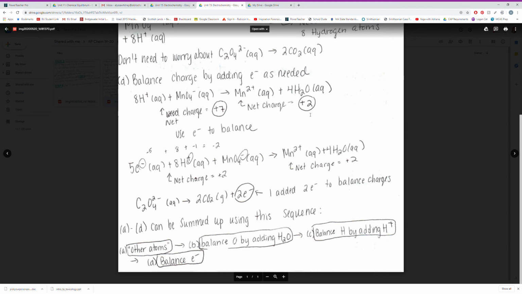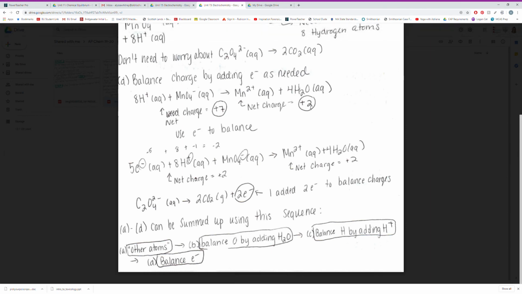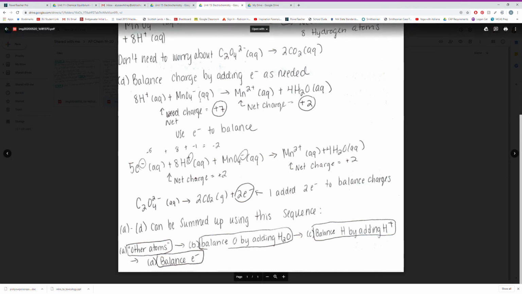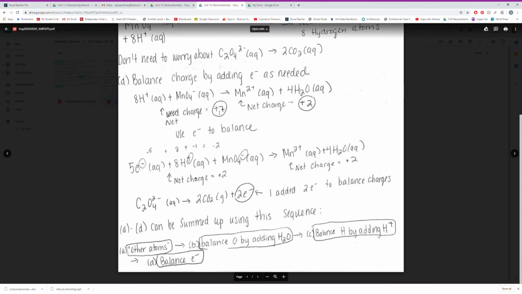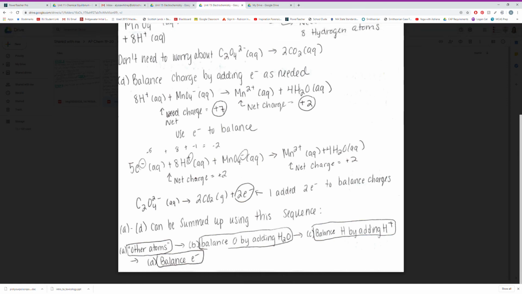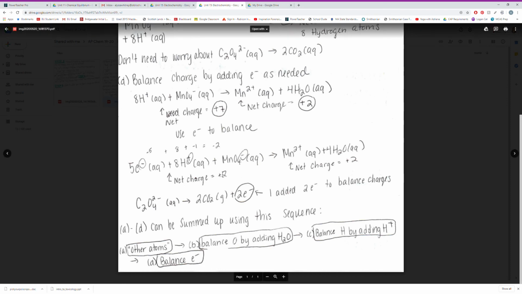I need to use electrons to balance. This is the same half reaction coming down here, but I'm going to add 5 electrons to this side to bring down that +7. So +7 plus 5 minus gives me a net charge of +2. I've got a net charge of +2 over here. As long as the net charge is the same on both sides, I'm all good.